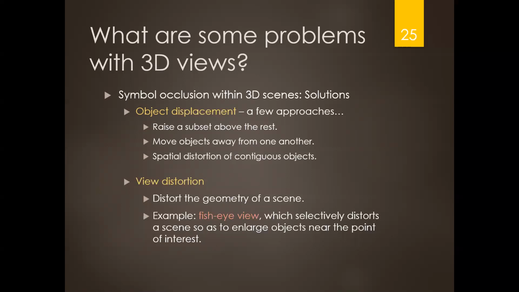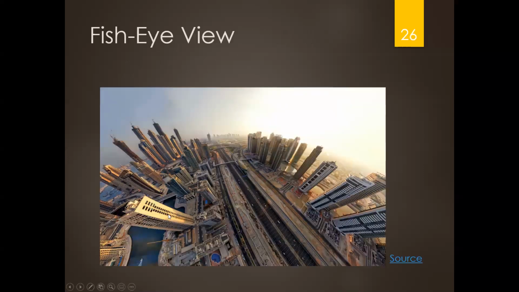Or you can use view distortion, distort the geometry of a surface, right? The example we saw before, a fish eye view, selectively distorts a scene so as to enlarge objects near the point of interest. For example, the building on the left here can be seen very clearly, but other buildings away from the camera cannot be seen very clearly.